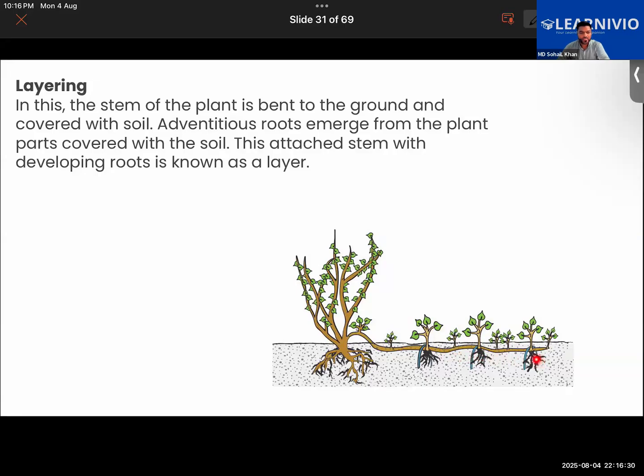Then the nodes are put in the soil. At different positions, they will be covered with soil, right? Then the portion of the stem that is covered with the soil, adventitious roots will start to grow.